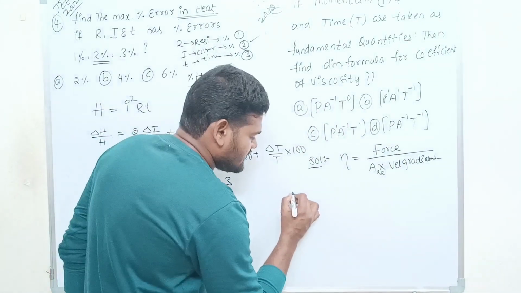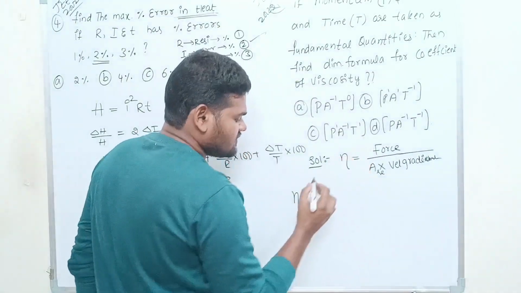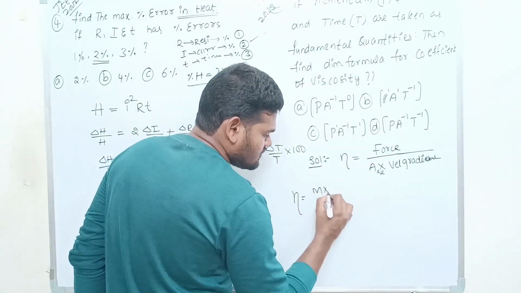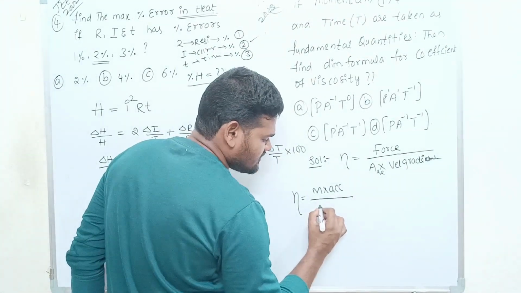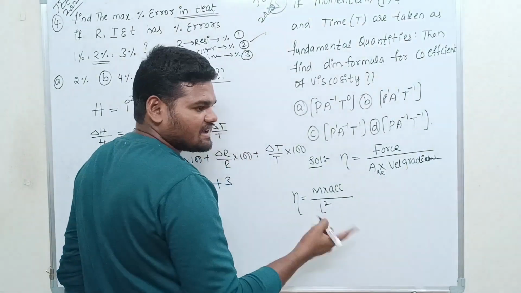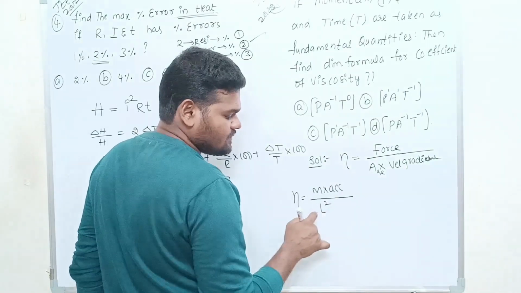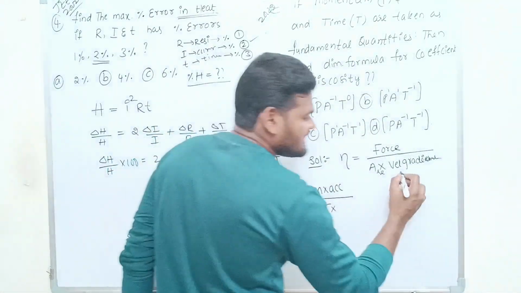Have a look. So eta is equal to, I'm writing like this. What is force? Mass into acceleration, divided by area. Area is nothing but L square, the dimensional formula for area, into velocity gradient.